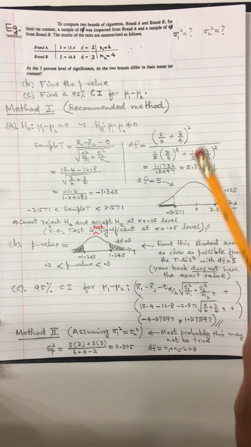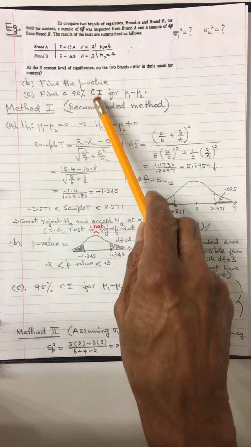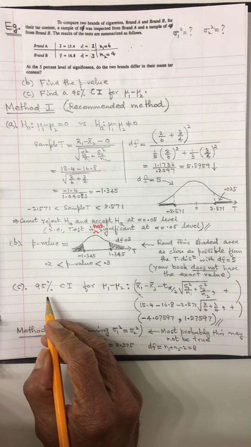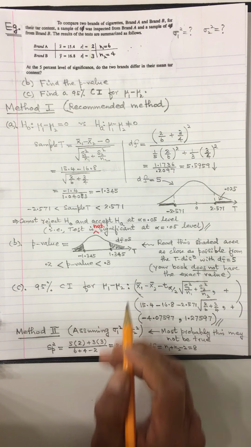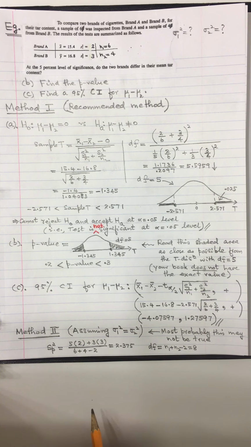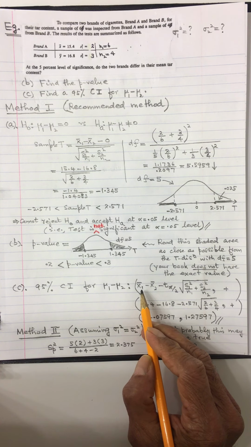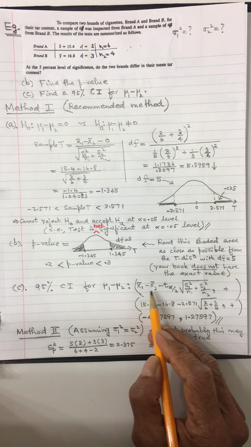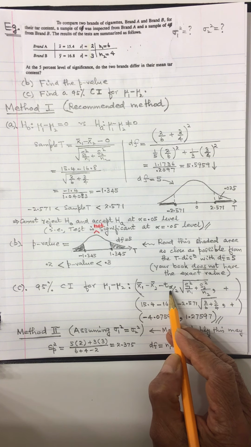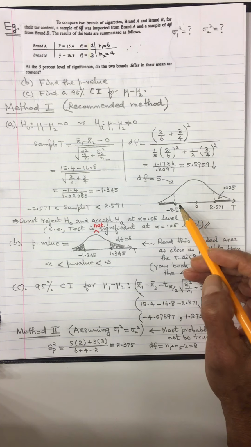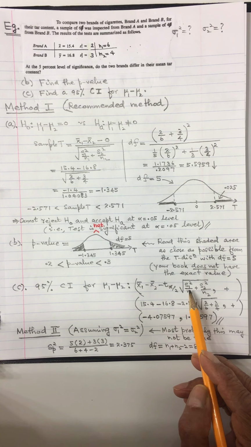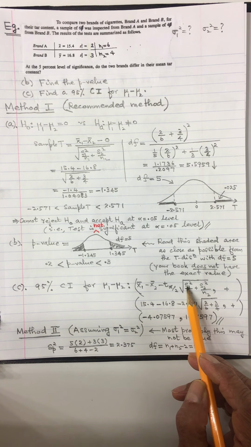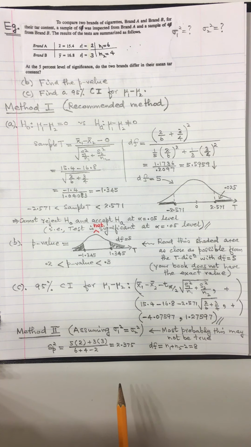Now for part C, you want to find the 95% confidence interval for the difference between those two means, mu1 minus mu2. Here is the formula: x1 bar minus x2 bar, the t-table value coming out of the t distribution with degrees of freedom 5, and S1 square and S2 square with the sample sizes.